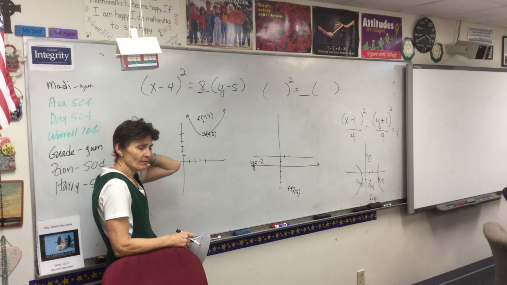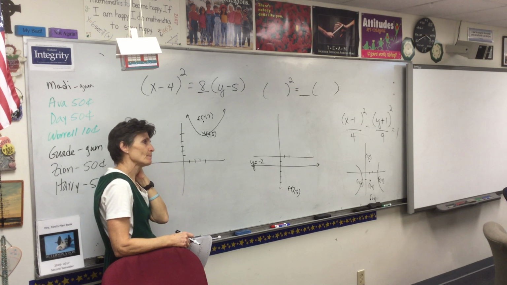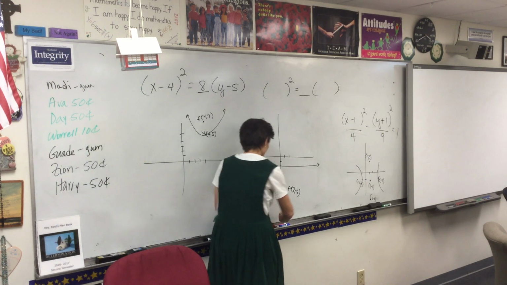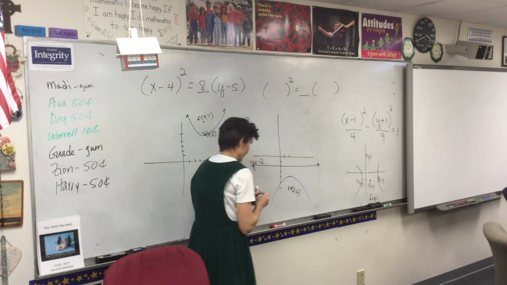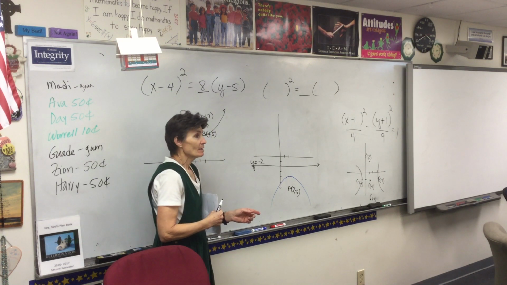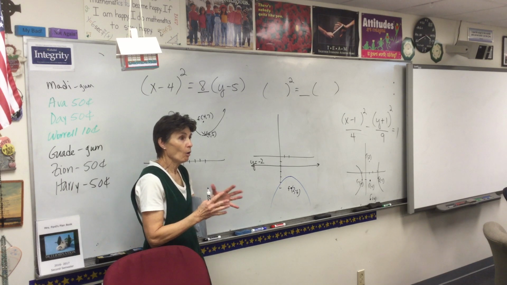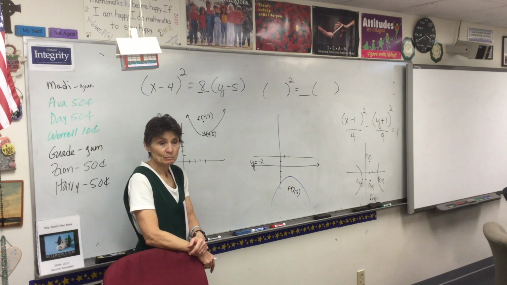Can anybody figure out which way it opens? It opens down. Doesn't that make sense to everybody? That this guy opens down? Because that thing goes below that. Remember, the parabola is always going to open around its focus.